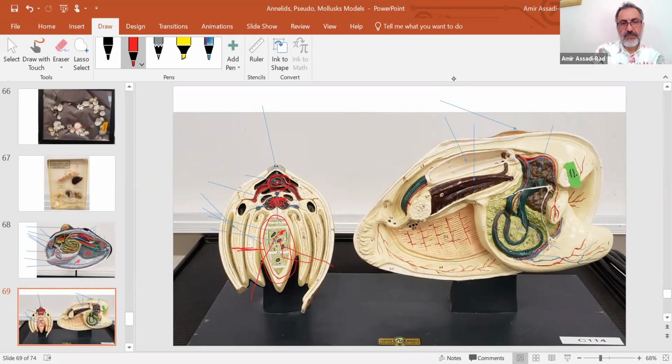Gills, mantle, foot, anterior adductor muscle, posterior adductor muscle, kidney, heart was broken, but pericardium is still here. Intestine, gonads.